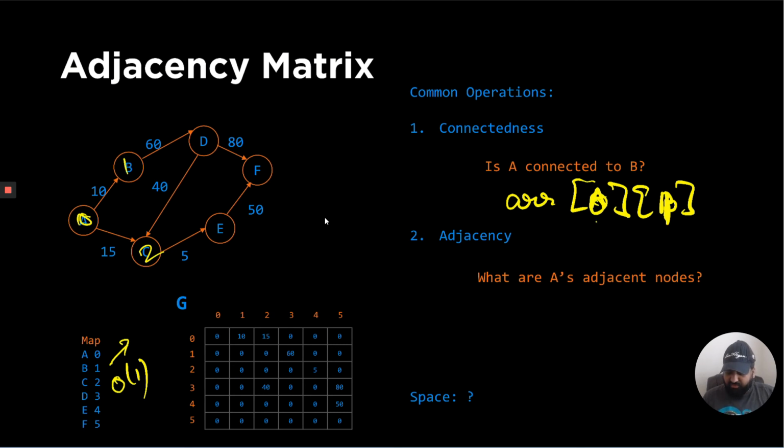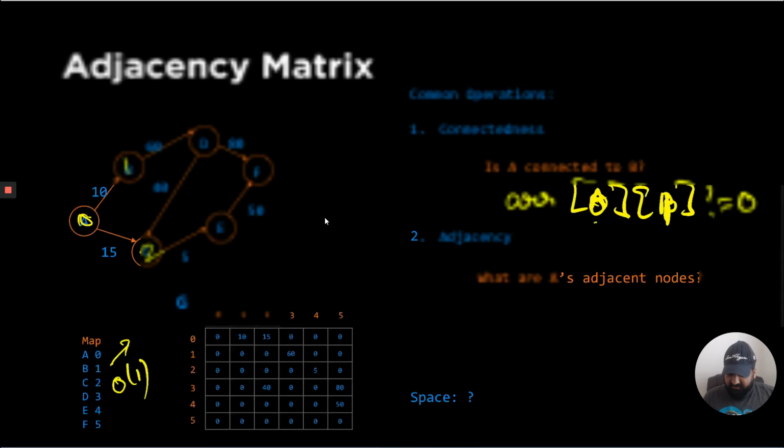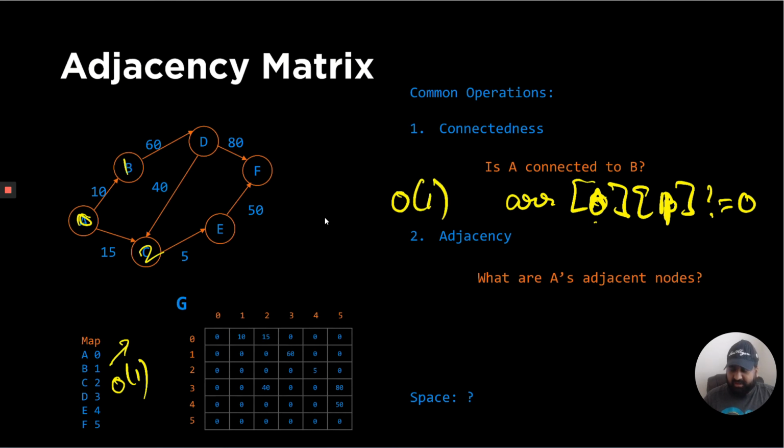Or even if you use a map, it will be just O of 1. So we can find that by just checking whether this value is 0 or not. If that is 0, that means they are not connected. If that value is non-zero, that means they are connected. And this is going to consume O of 1 time, because arrays take constant amount of time to go to a particular location. What about adjacency?